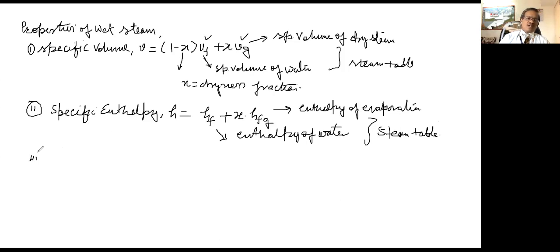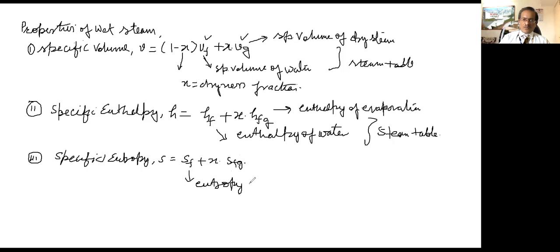The third property is the specific entropy. In a similar way, we can also find the value of specific entropy for the wet steam. s = sf + x sfg. Here sf is the entropy of water, and sfg is the entropy of evaporation.